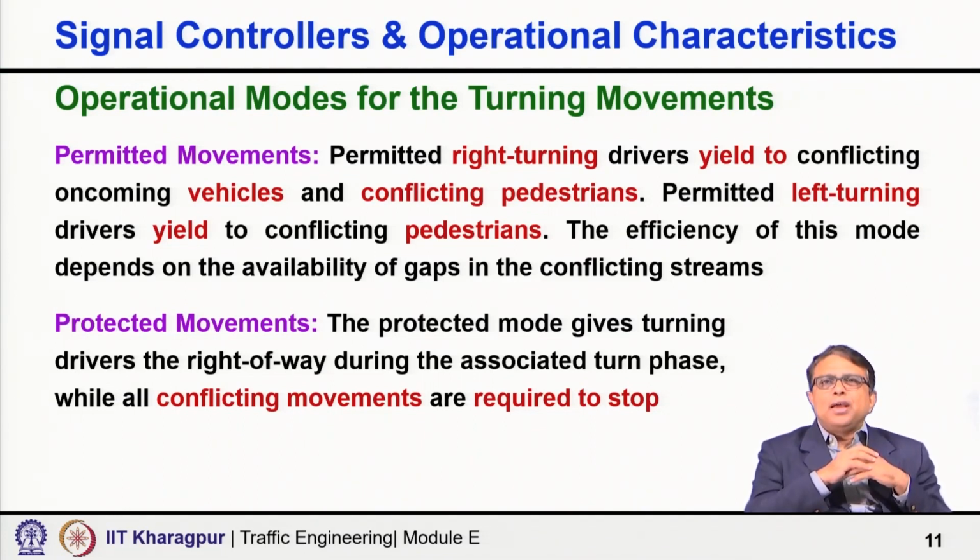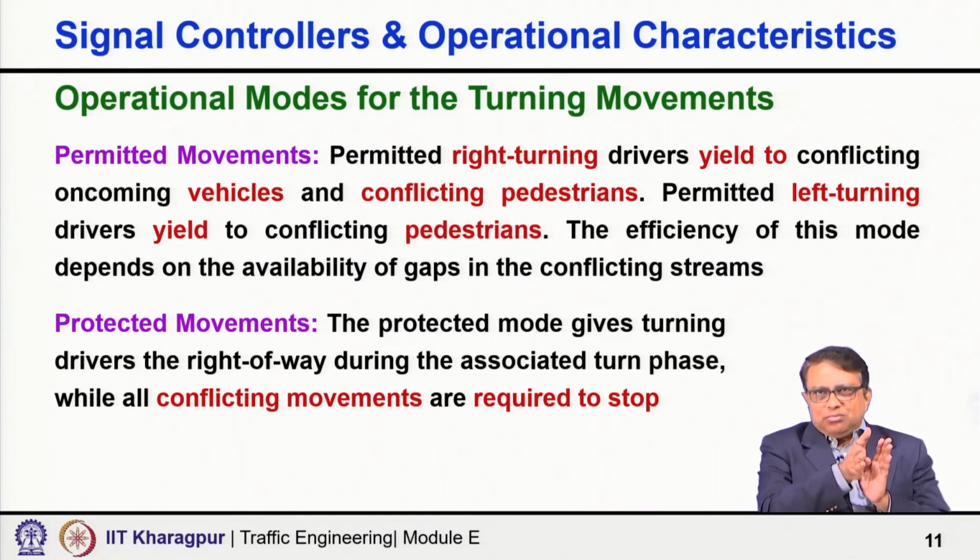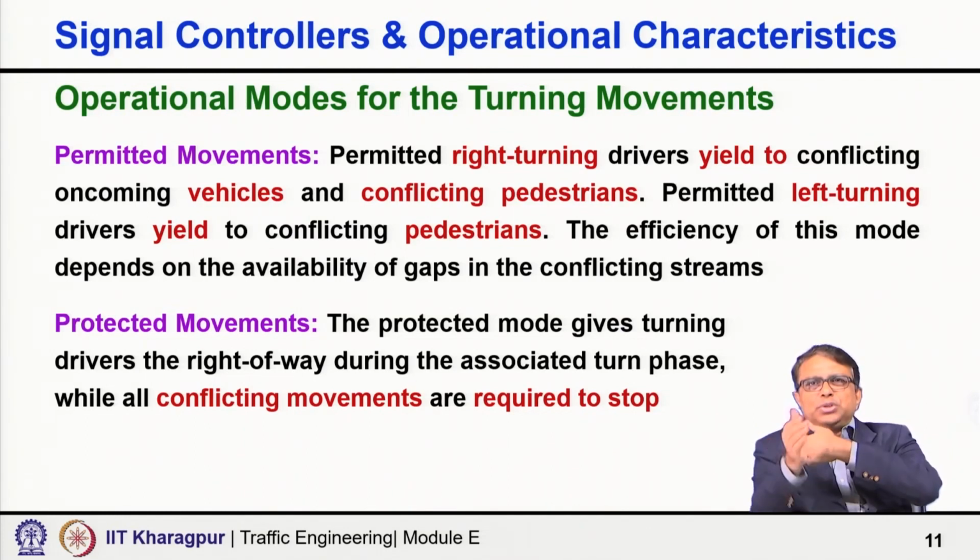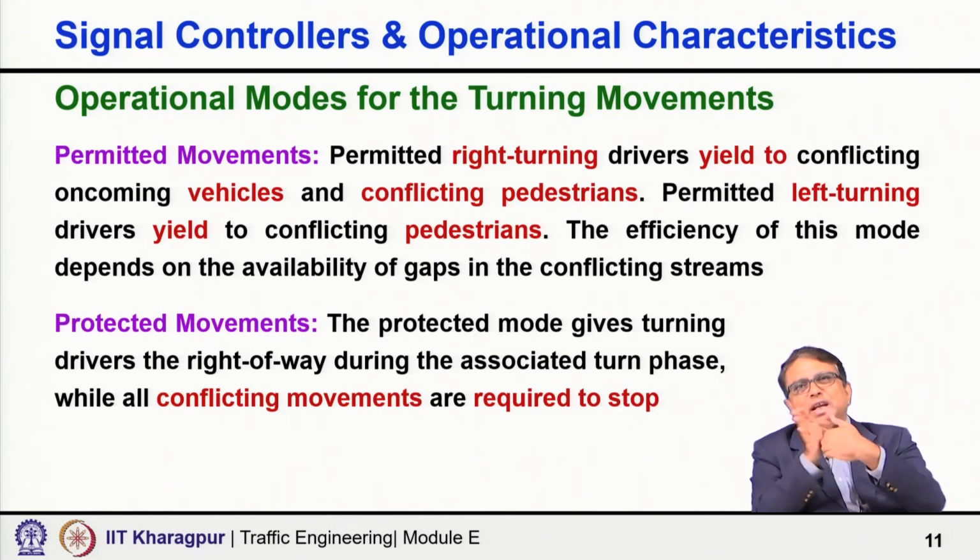What I am saying is all about the turning movements. From one approach, traffic may be taking a right turn, that is one movement. That movement is happening across the straight movement from the opposite direction, and both are allowed.